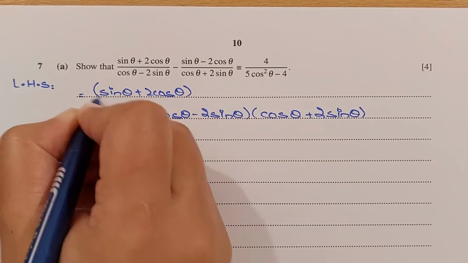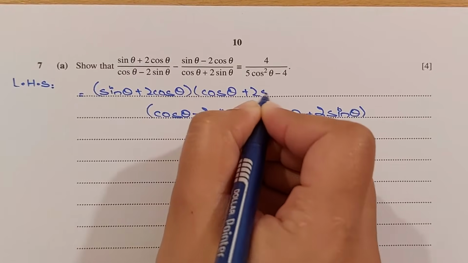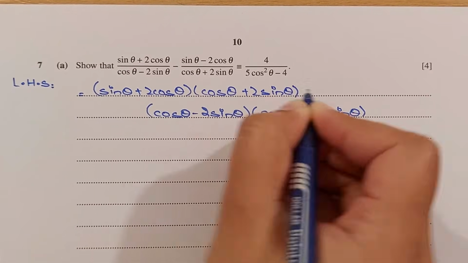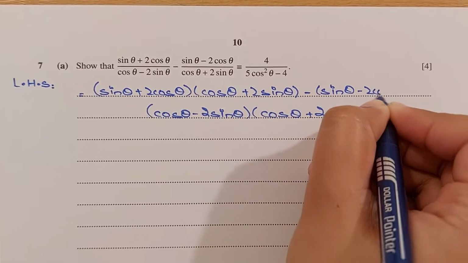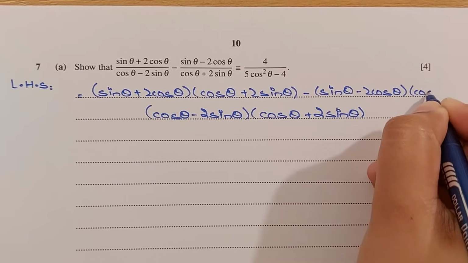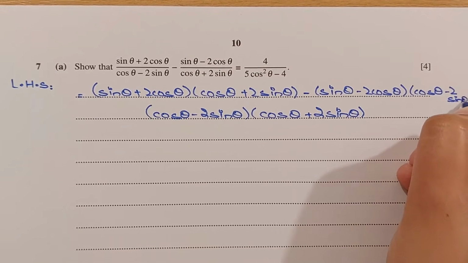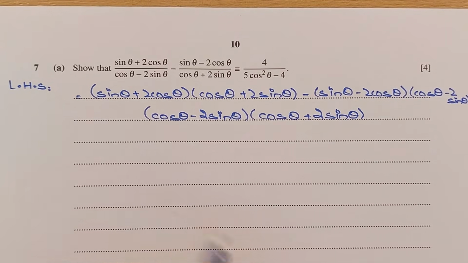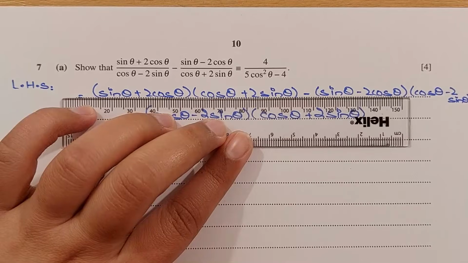It is going to multiply with the denominator, cos theta plus 2 sin theta, and minus sin theta minus 2 cos theta is multiplying with cos theta minus 2 sin theta. And this is whole divided by the denominator.